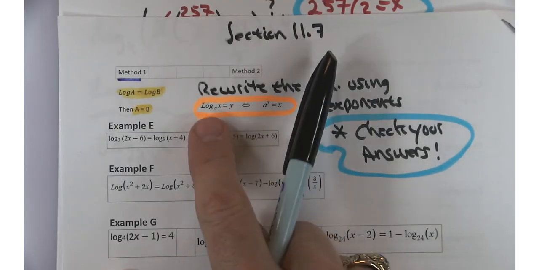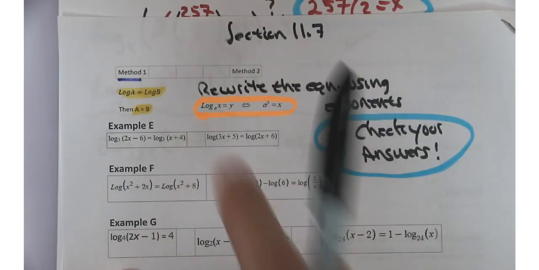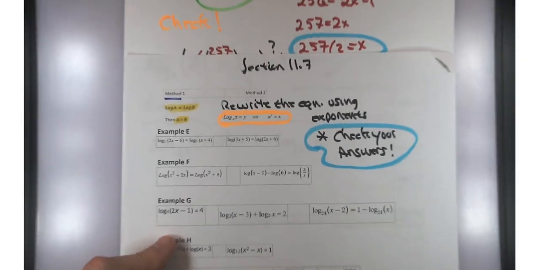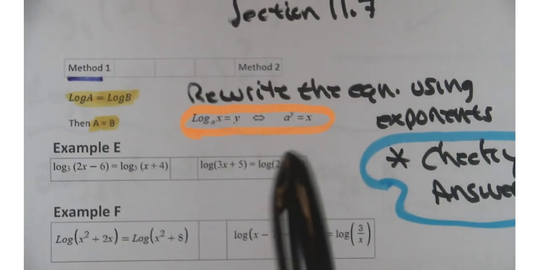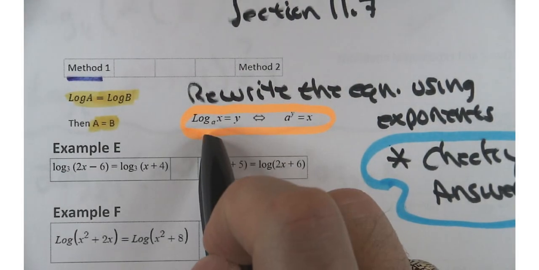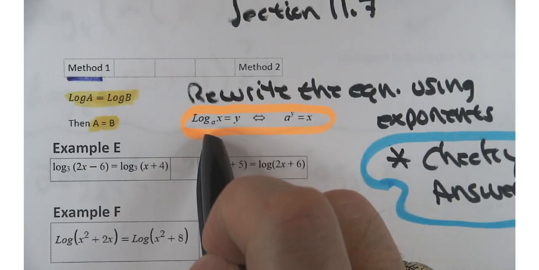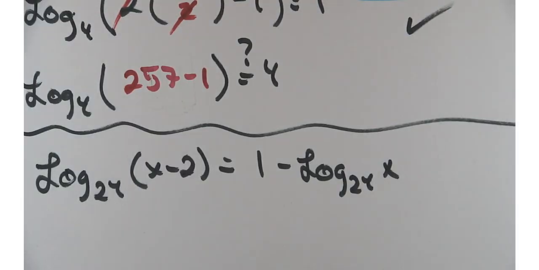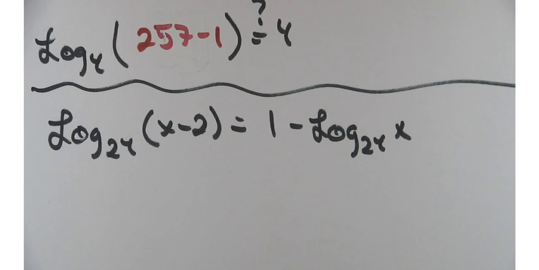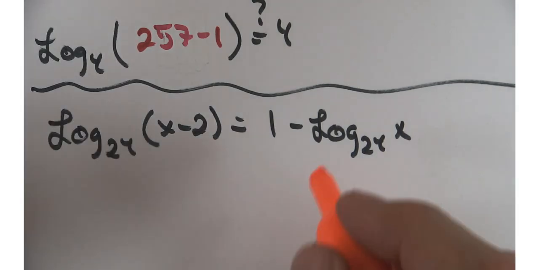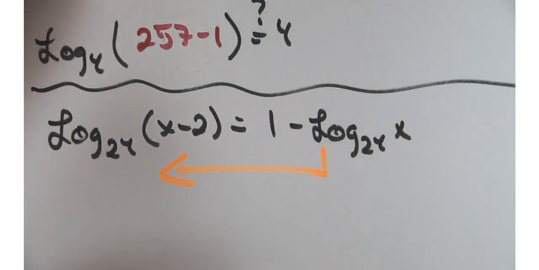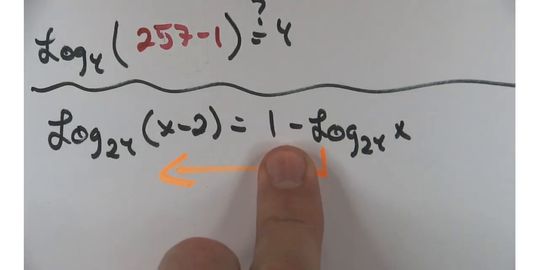But to rewrite it like this, we first have to rewrite this equation so that I have just one logarithm on one side. For us, it looks like it's convenient to put this on the left-hand side. I'm going to move that term to the left-hand side because it's going to get rid of the negative for me.